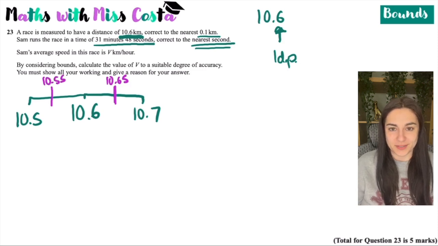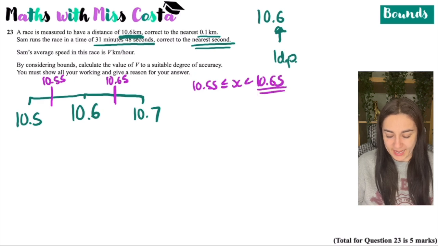And a lot of people get confused by this because obviously if it was 10.65 to one decimal place, it would round to 10.7, but technically it would be 10.649 recurring. That's a little bit complicated to use. So for GCSE for bounds, we just say it's 10.65 as the upper bound. And generally, if it would be an error interval, we would say it like this.